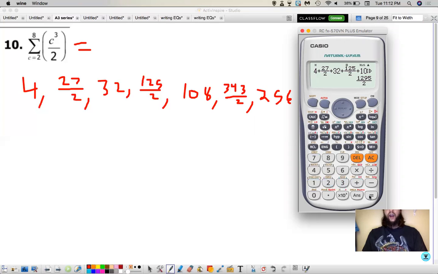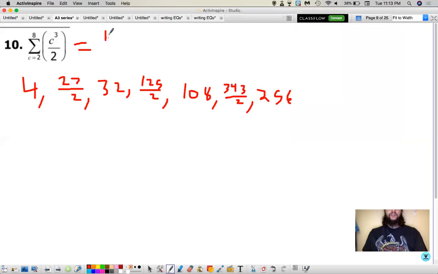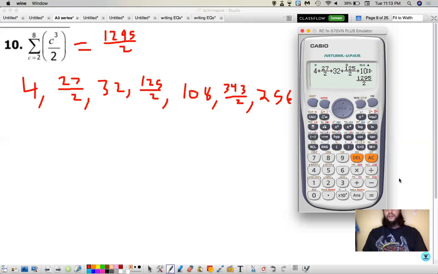Sure, I get that. 1295 over 2. Maybe you need a decimal, 647.5. Same thing. But again, I like fractions better, so let's leave it there.